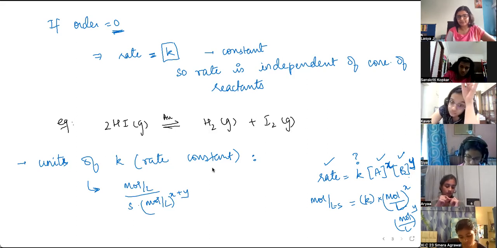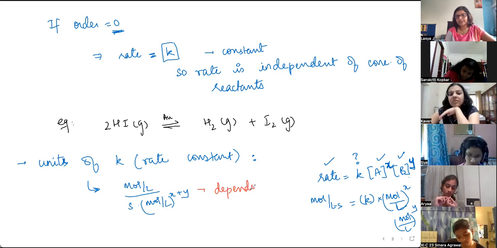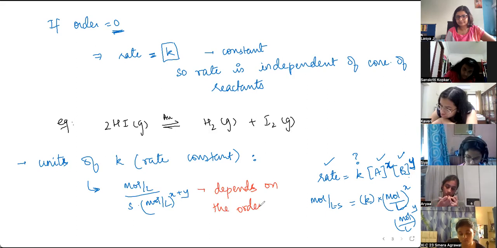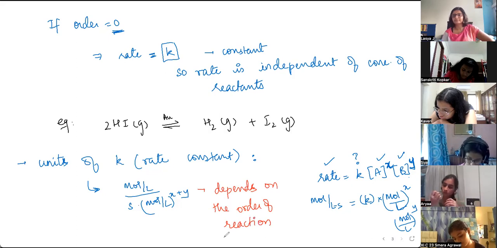So the unit of the rate constant will depend on the order of the reaction. Okay, so agar order 0 hai, so this will not be there. So it'll just be mole per liter per second.